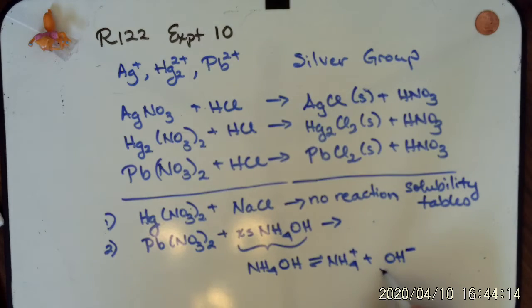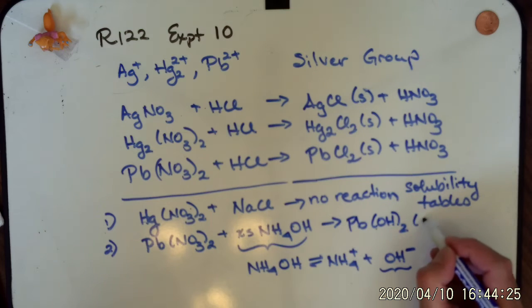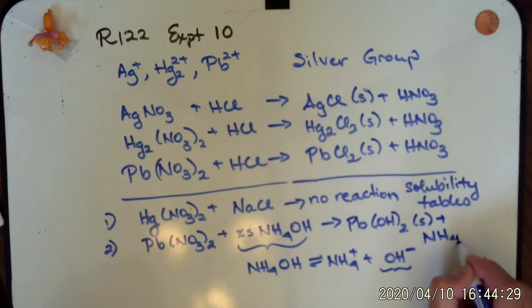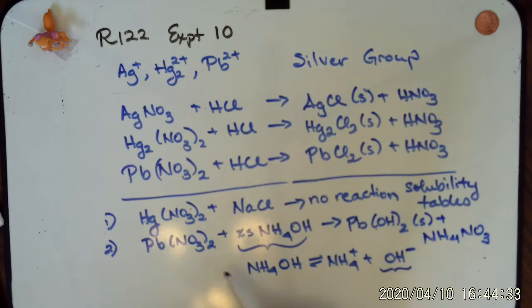Okay? And it's this that can react with lead 2. So what would happen is you would form lead 2 hydroxide, which is a solid, plus ammonium nitrate. Okay? And as I form this, more of my ammonium hydroxide will dissociate and produce more hydroxide in solution. So you're going to get a solid when you do that.